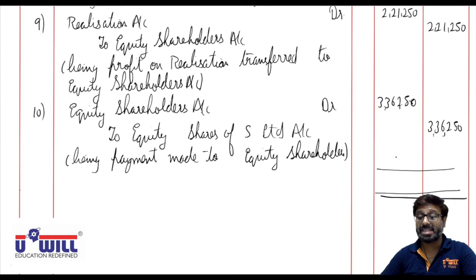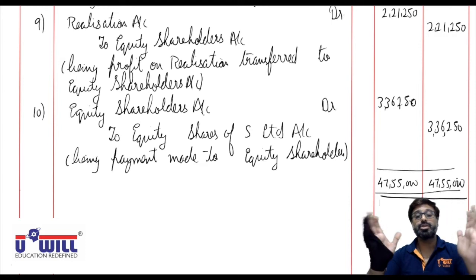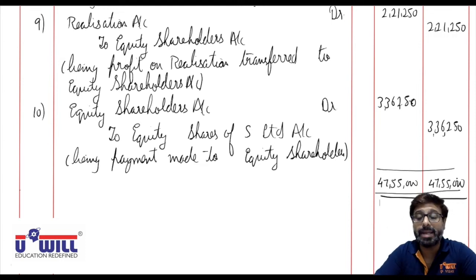That comes to 47,55,000. So accounting in the books of transferor company is completed.